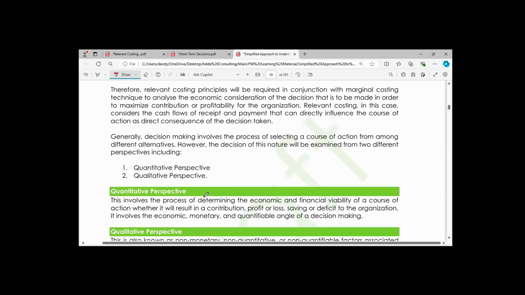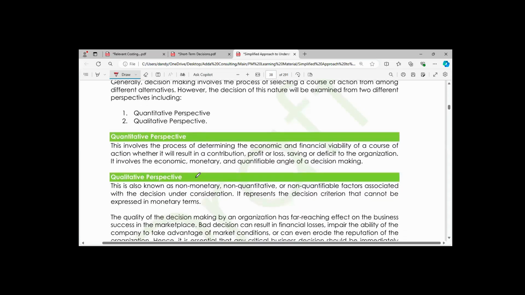So let's take it one after the other. What do you mean by quantitative angle? What do you mean by qualitative angle? When you talk about quantitative analysis or quantitative perspective, it simply means the monetary, economic, and or quantifiable angle of the decision that is to be taken.